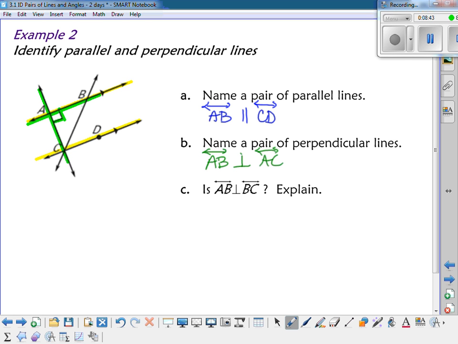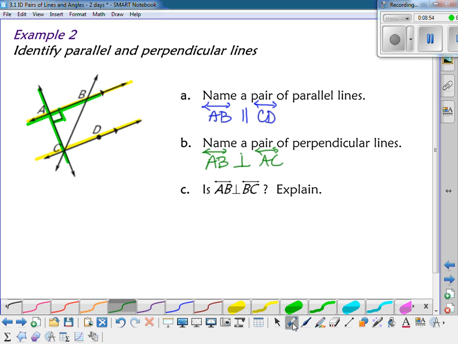So part C says, is AB perpendicular to BC? Well, of course, you can't assume anything by the picture just because it looks like they aren't perpendicular. We can't necessarily say that that's the reason they aren't. But we can say that they're not perpendicular because only one line through point C can be perpendicular to AB, and we already said AC was the one that was perpendicular to it.